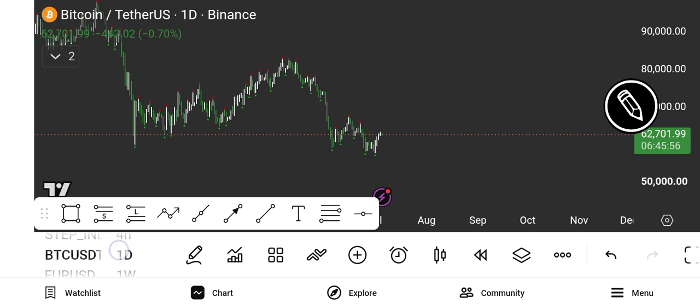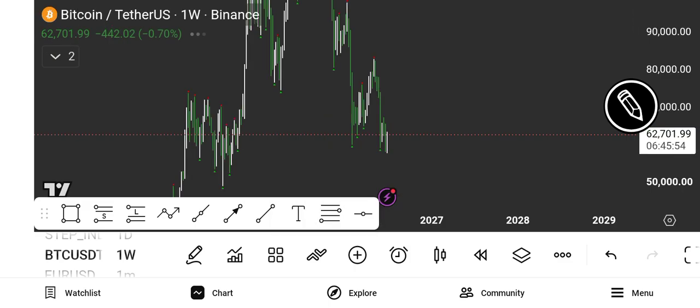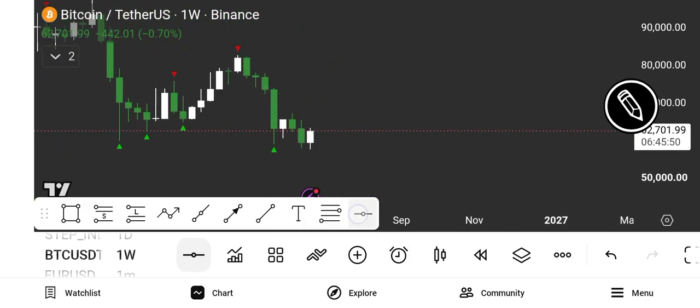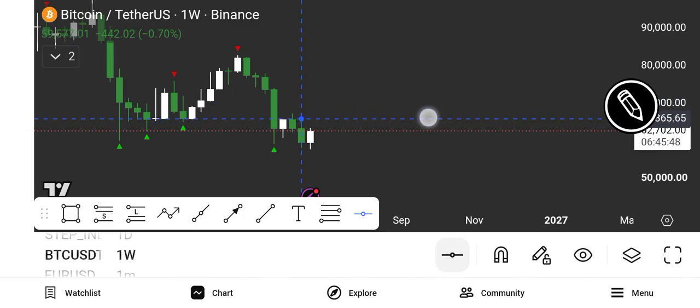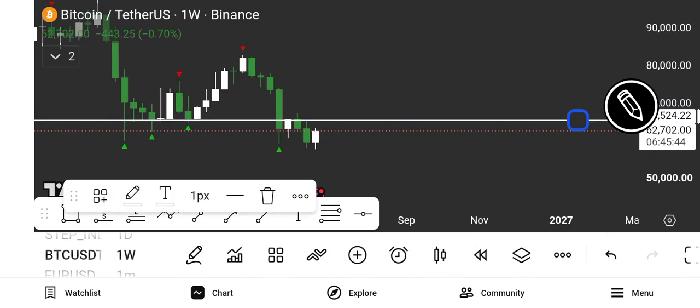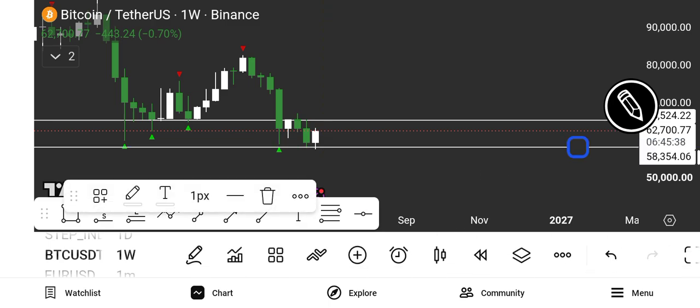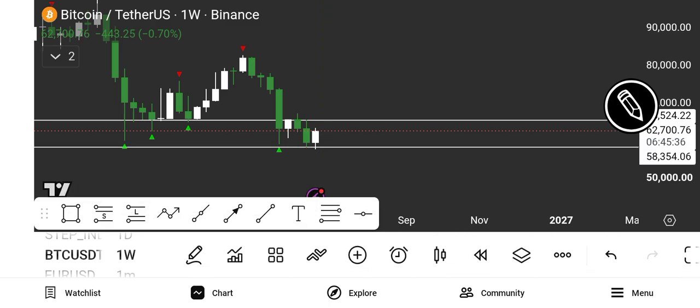Right. So let's go back to the weekly time frame and mark out the previous week's high and low. We can just use this line here, place it there, and get another one, place it at the low.